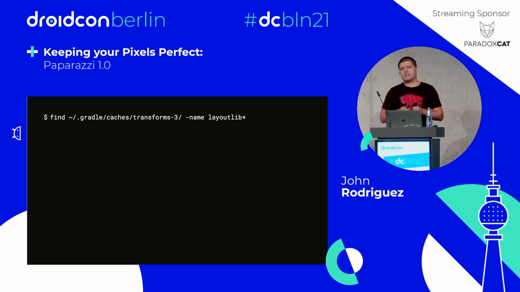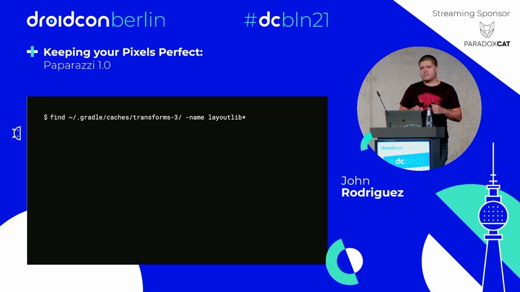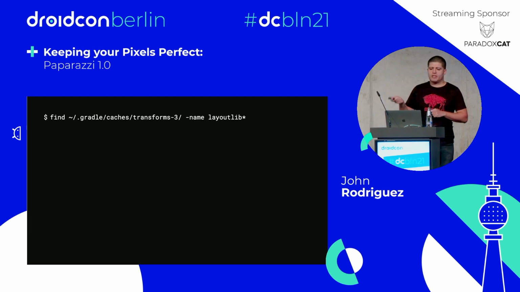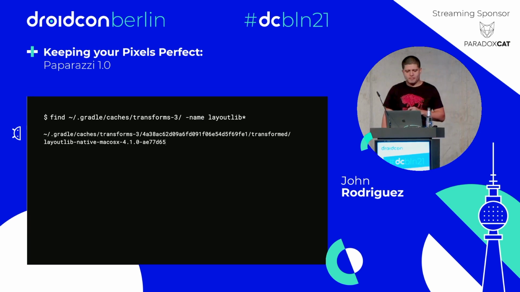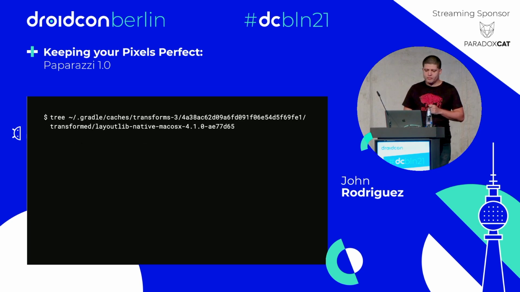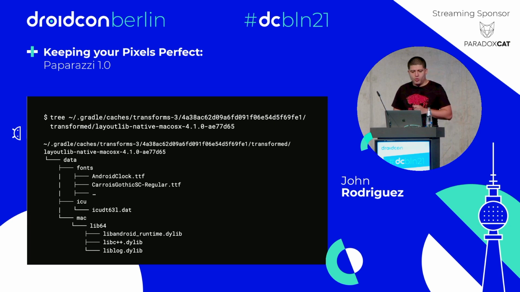From Gradle's perspective, similar to how it won't re-download a dependency that is in its cache, if it knows a dependency has been transformed, it won't retransform it again, because it's already cached in your file system. If we take a look at what gets transformed, we'll see here the transform-exploded shared libraries that were downloaded from Maven Central, and now we have file paths that we can pass to Paparazzi's bridge method efficiently.